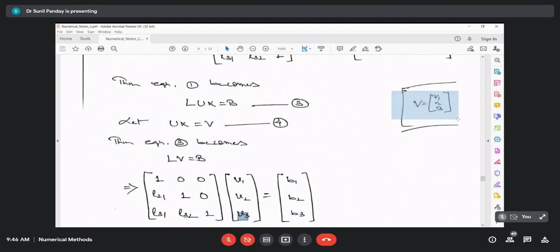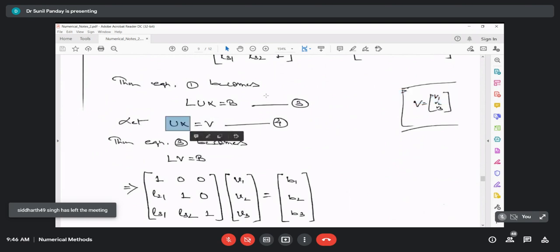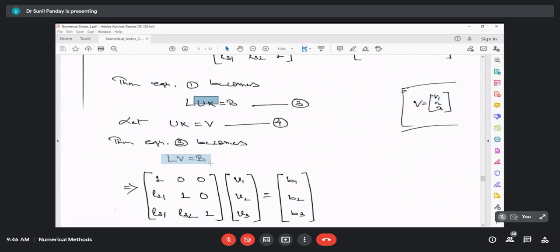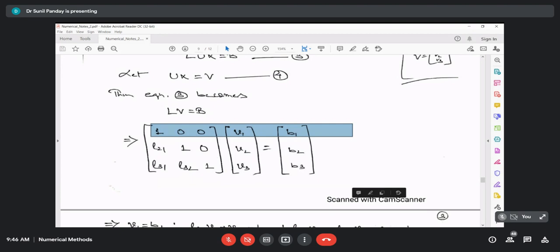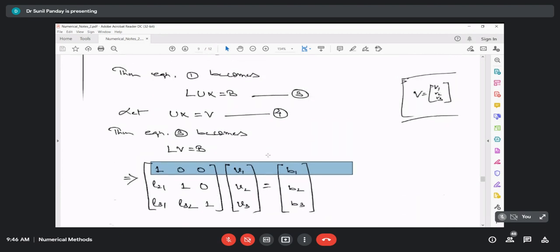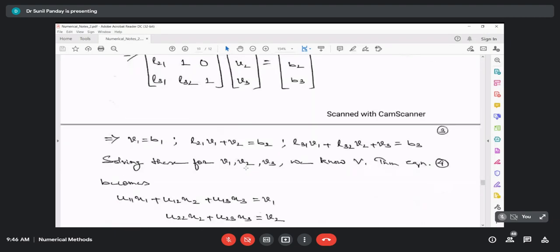Because UX equals V, I write V here and I will get LV equals B, and then I will solve this equation. From here I will get the values of V, and then I substitute the values of V here, and I will get the values of X.